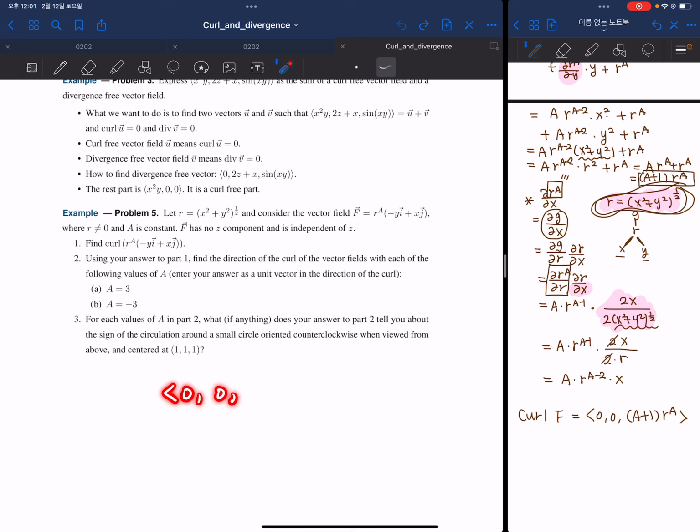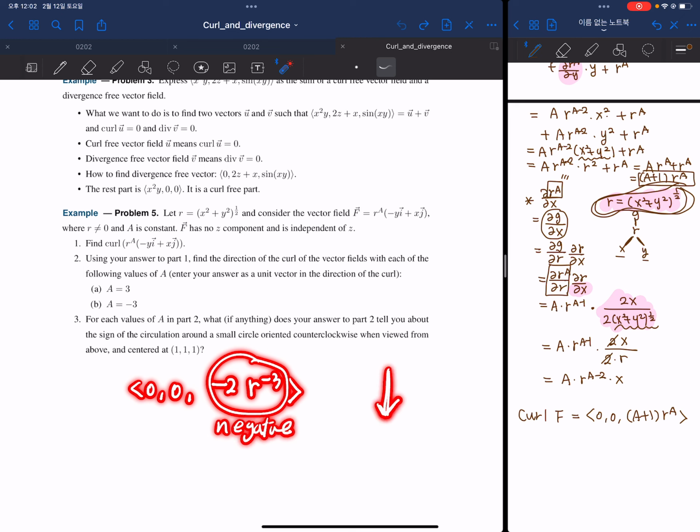Since our curl is 0, 0, and a positive number, the unit vector for that direction is just the z-axis direction, so you write down k. Then here a is negative 3. In this case, you get the curl is 0, 0, and negative 2 r to the negative 3. This whole thing is negative, so the direction is the minus k direction.